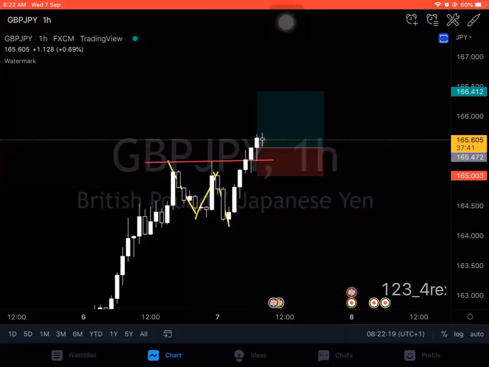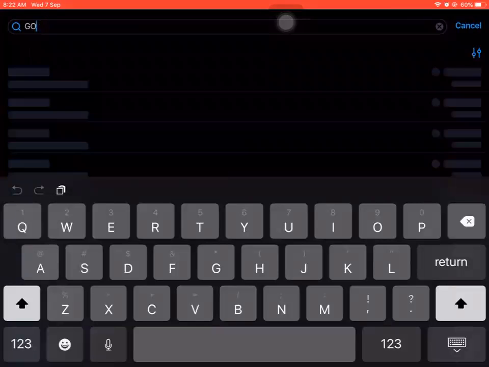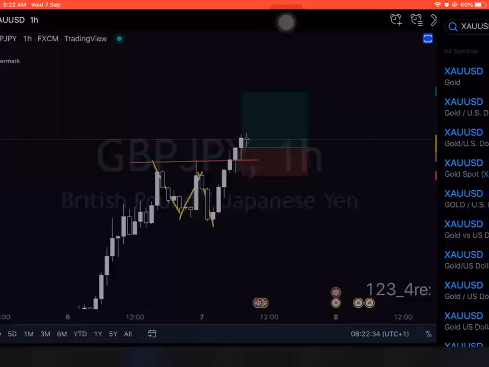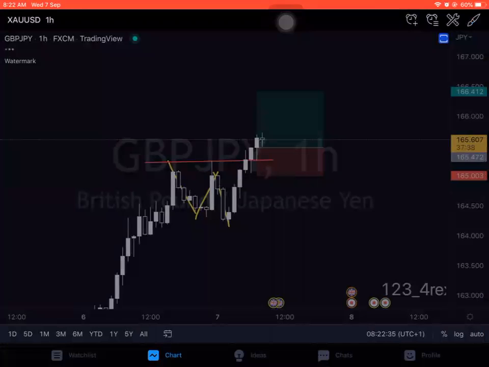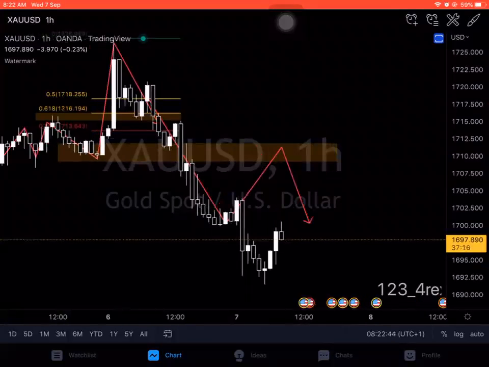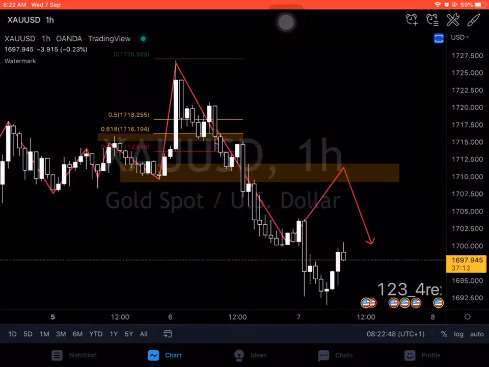Gold actually dropped yesterday. Okay, this was the one we analyzed yesterday. We were looking at a break to the downside, then a retest of those levels.